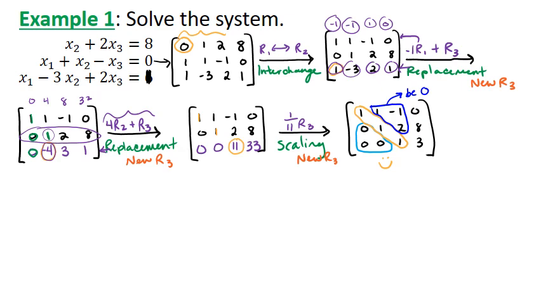Now, looking at this, I notice that if I multiply row 2 by -1, then I can add it to row 1 and that will become 0, which would be great. The order in which you do this doesn't really matter as long as you end up at the correct answer. So I'm going to take -1 times row 2 and add it to row 1. This is replacement. And this will become the new row 1.